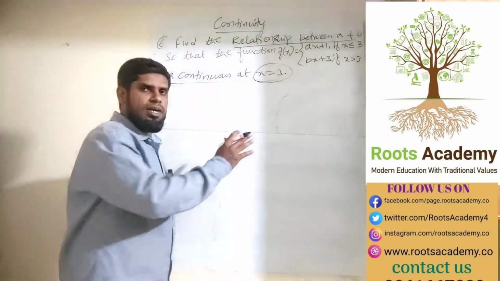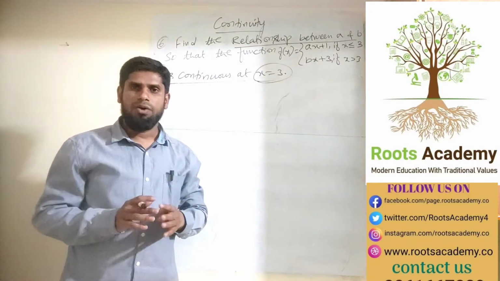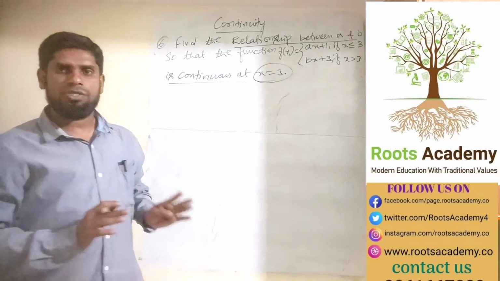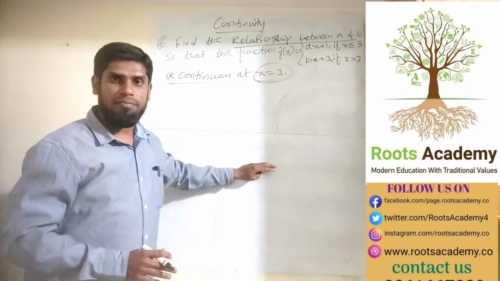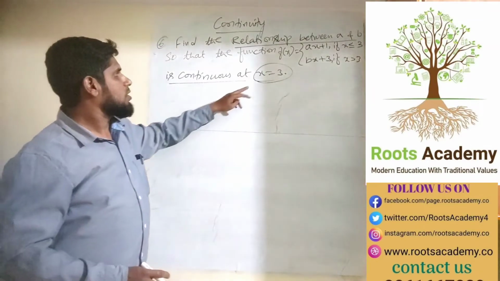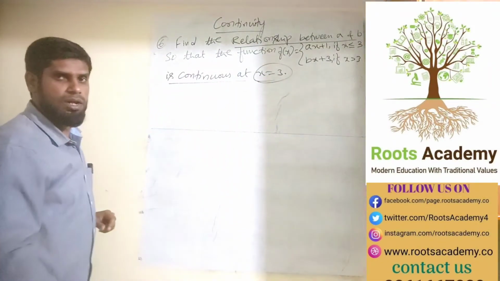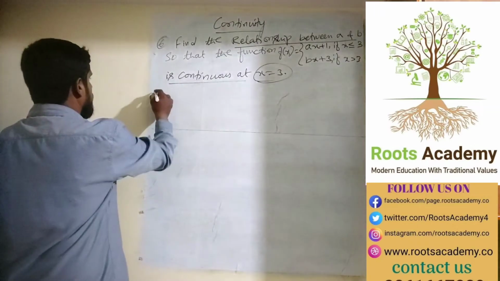We need not worry what the left hand limit, right hand limit, and f of 3 are. Whatever those values are, we should consider them equal. With the help of that consideration, we should find the relationship between these two things. Okay, let us see how it is possible.